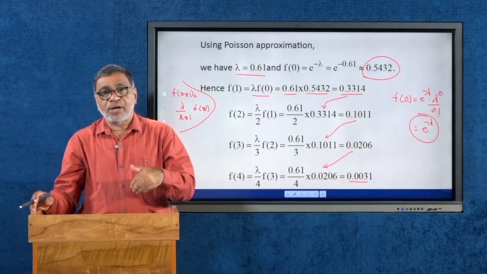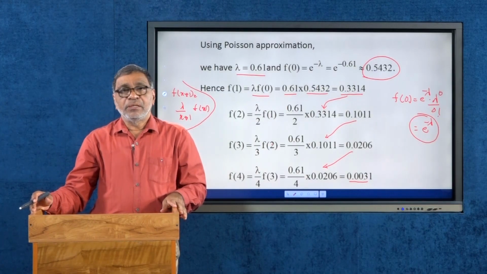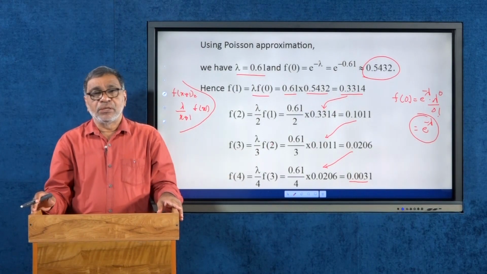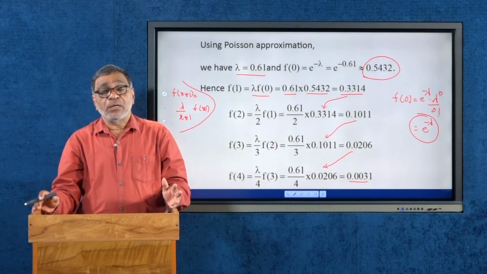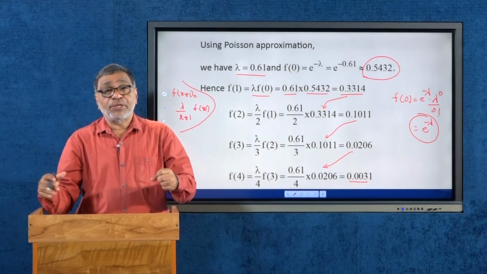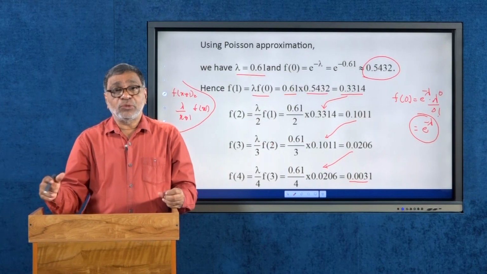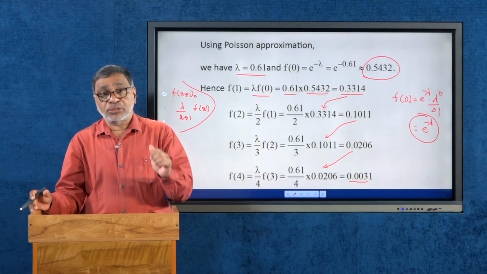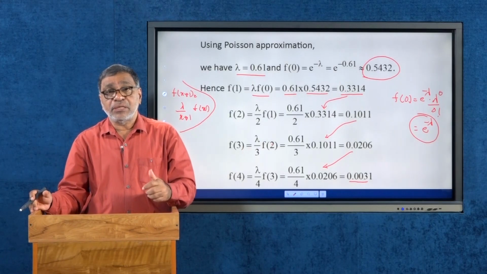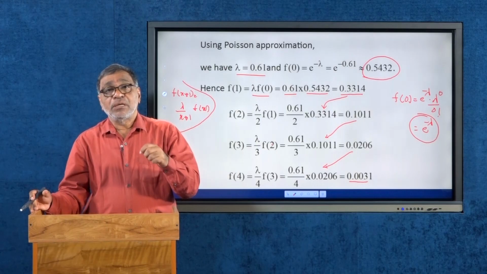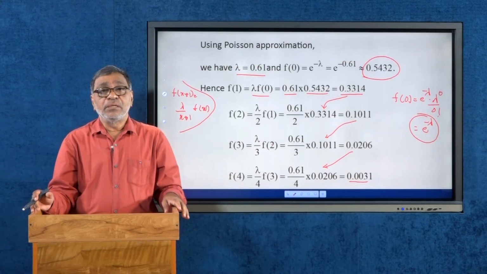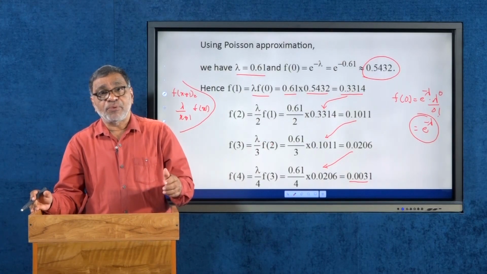So, suppose you are given an experiment finding the printing mistakes in a book containing 200 pages, and the observed frequencies are given. What we are doing is approximating with a Poisson distribution to find the expected frequencies. To get the expected frequencies we first require the parameter of the distribution, lambda, and since lambda is the mean of the distribution, we can approximate it by the sample mean, which we calculated as 0.61.